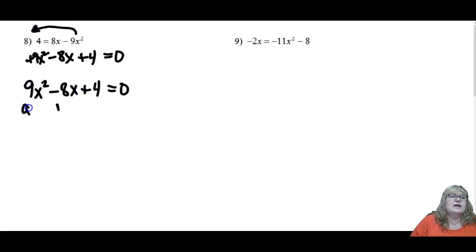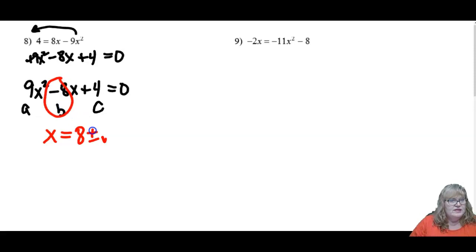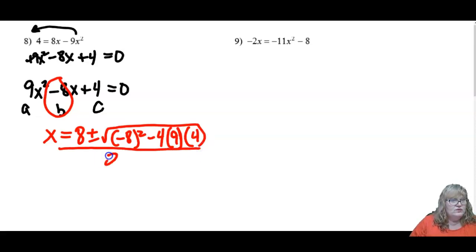So now I have my a, b, and c. I'm going to jump right to the quadratic formula. x equals the opposite of b, which will be 8, plus or minus the square root of b squared minus 4 times a, which is 9, times c, which is 4, all over 2a, or 2 times 9.